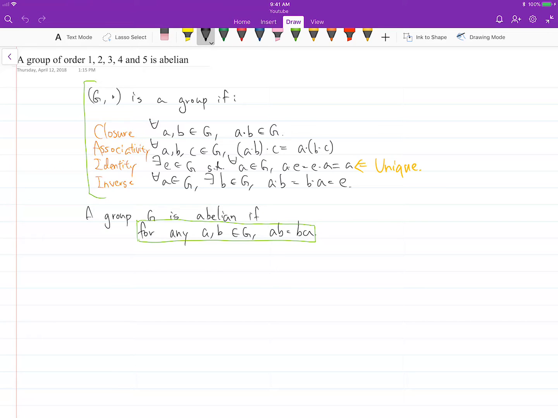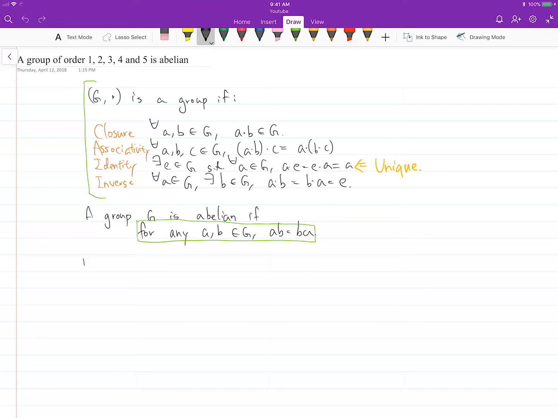And a group is called abelian if for every pair of elements they commute, AB equals BA. This is not given in the definition of a group, so not every group is abelian actually, but a lot of smaller groups are abelian, and in fact any group of order less than or equal to 5 is abelian. So that's what we're going to show today.